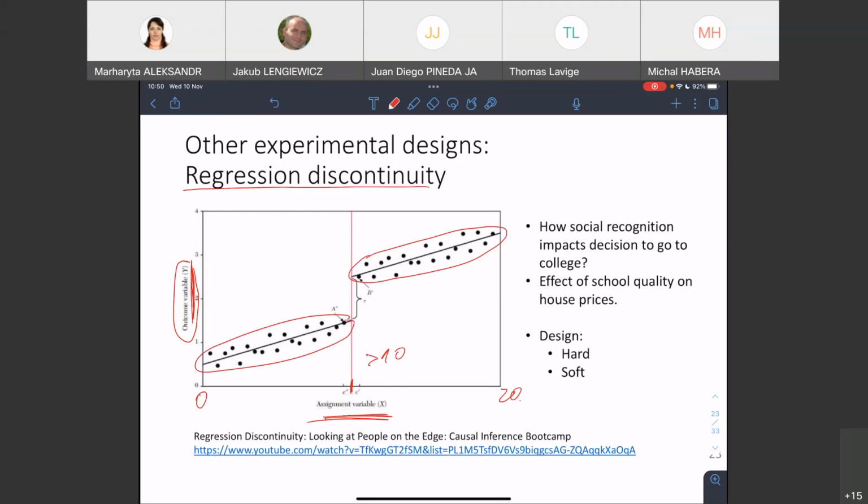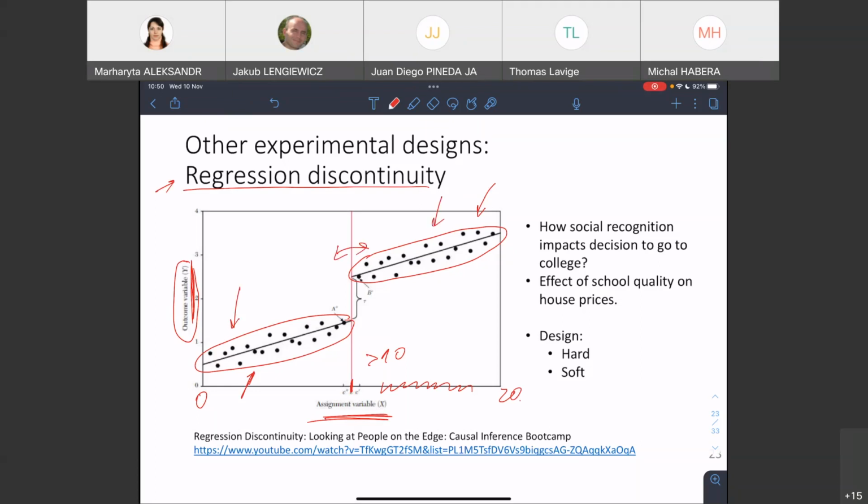However, this comparison is not fair because people in this group have higher grades, so they are probably more intelligent. That is why they have more chances to enter the university than the people in this group. So how can we overcome this problem? The solution is the regression discontinuity design. What we'll be doing here is comparing not all people, but only people close to the edge.